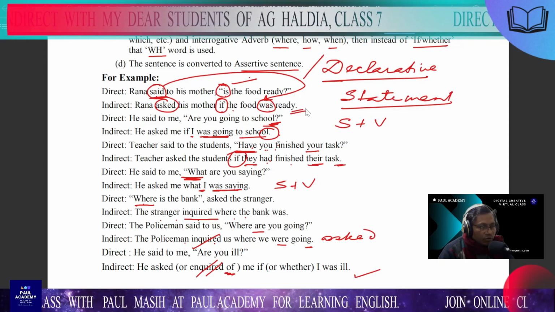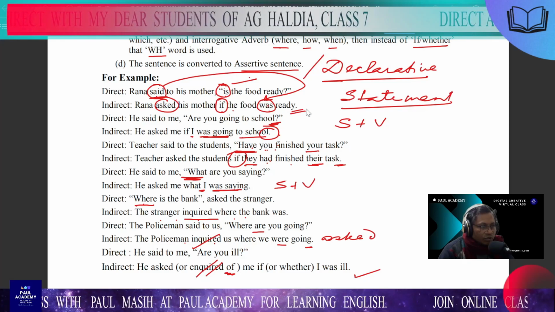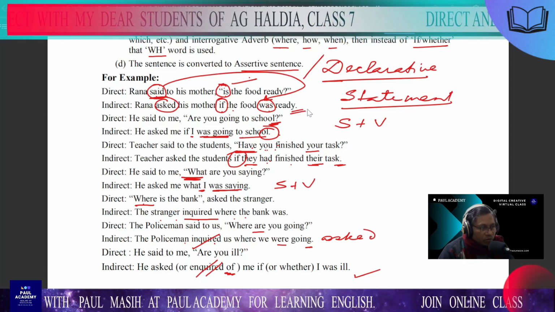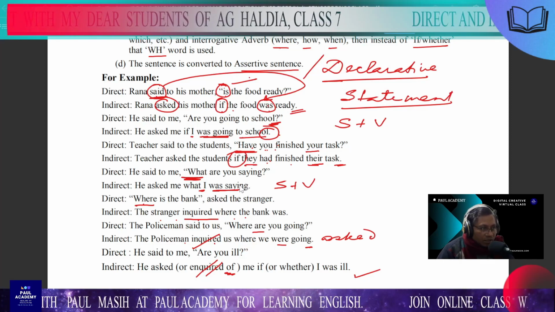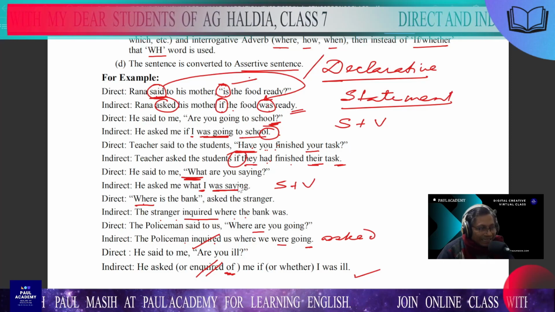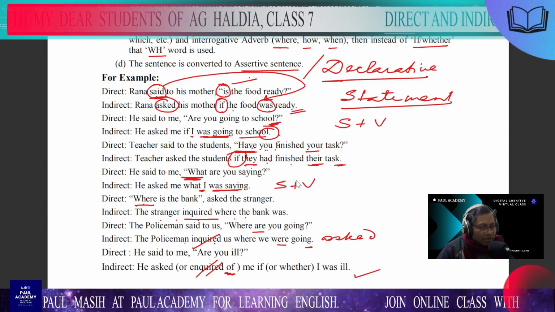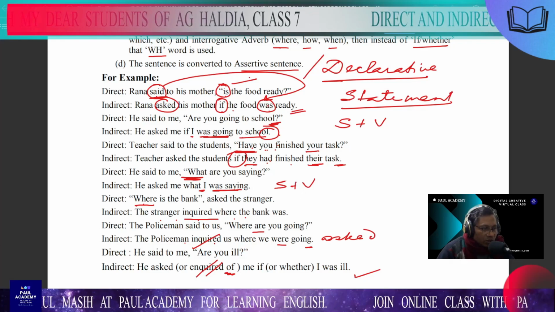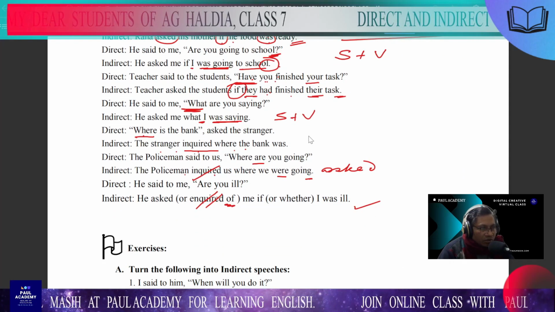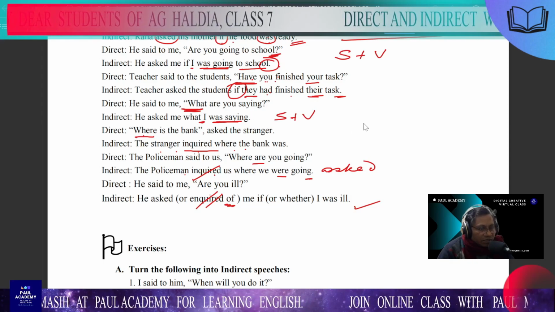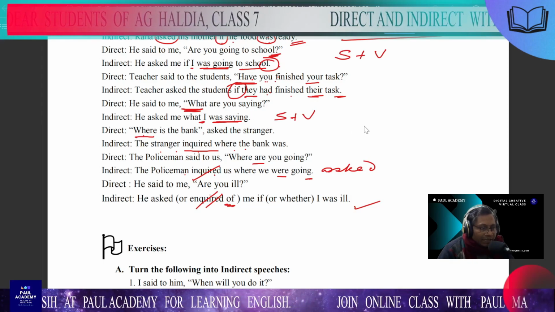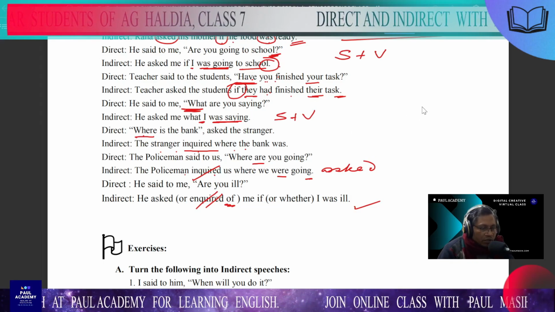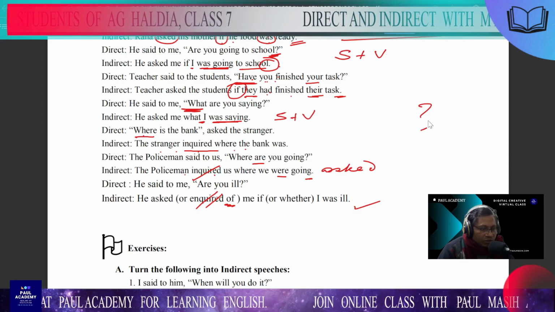And if it is a WH question, we don't use if to join reported and reporting speech. We use the WH word instead of that or if. And again, here also the order of the sentence construction will be subject, then verb. And it always ends in full stop. Never use question mark in the indirect question.